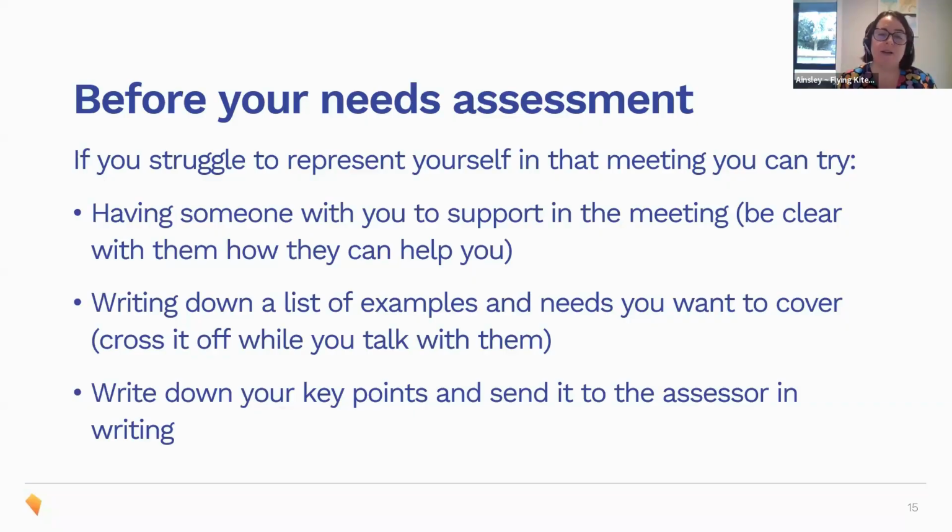I really encourage people to write down a list of examples and things that you want to cover and literally cross them off as you go. So you've said, I need to tell them that story about that time that scary thing happened. I need to be specific about sleep. I need to talk about my worries about this kind of deterioration. Having them written down, when you've talked about something, you can cross it off.